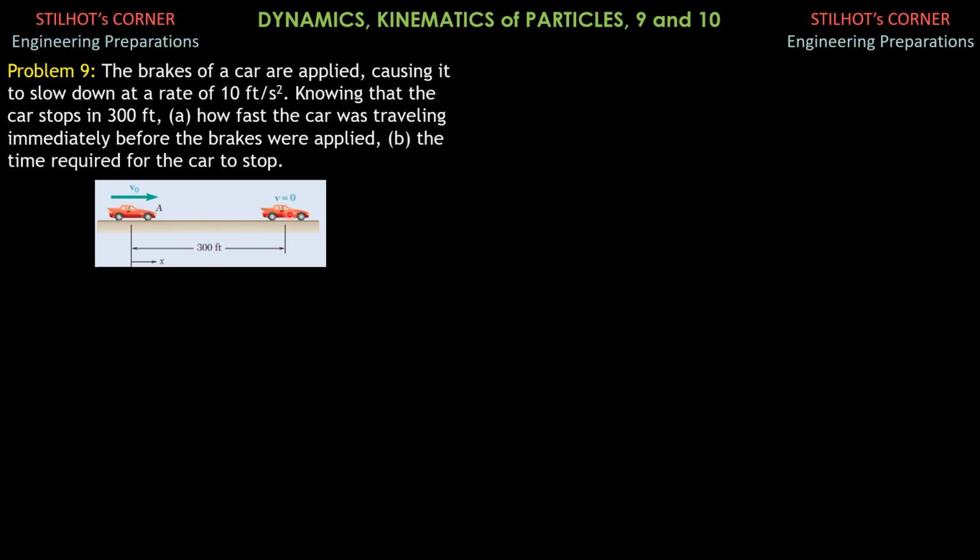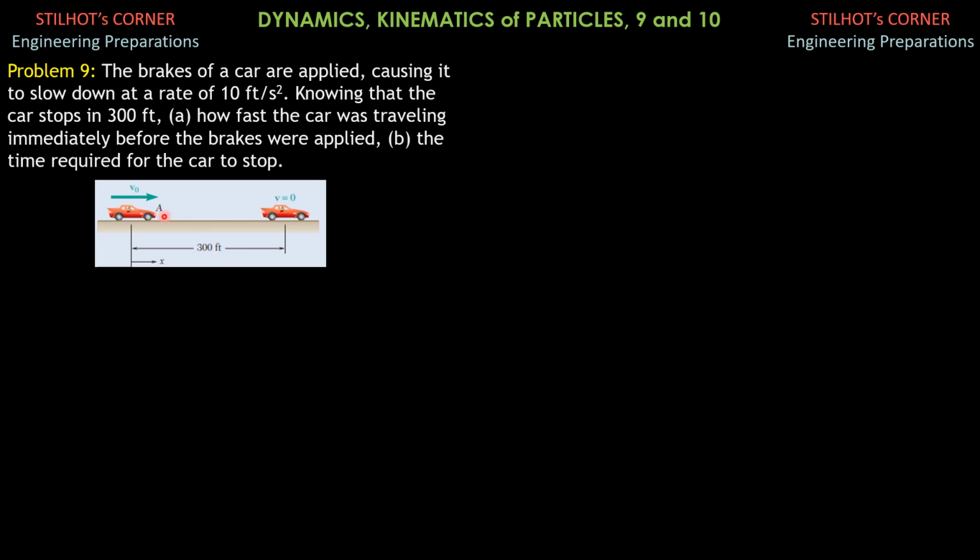For constant acceleration, there were three formulas that were derived, and the direct formula for this case would be velocity sub x. We put the subscript because the movement is along a straight path and along x. So v sub x square, the x component of the final velocity square, equals the x component of the initial velocity square plus 2 times a sub x times quantity x minus xo.